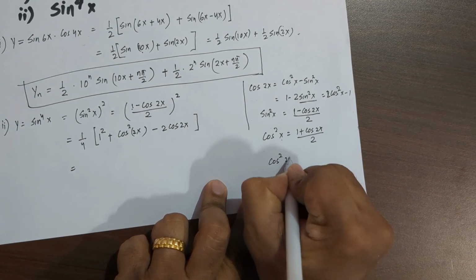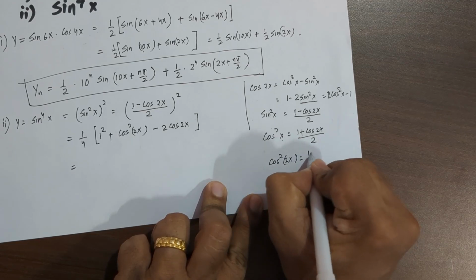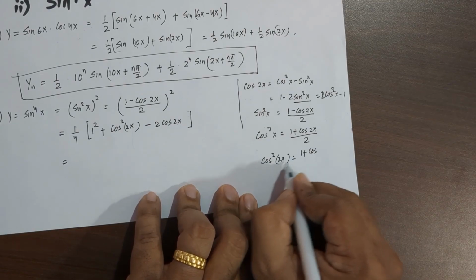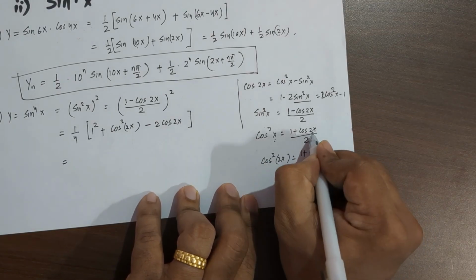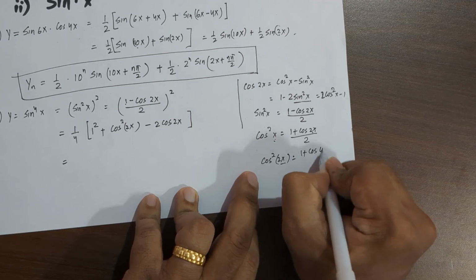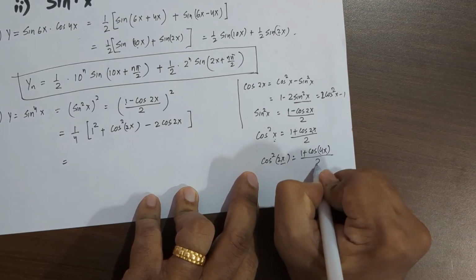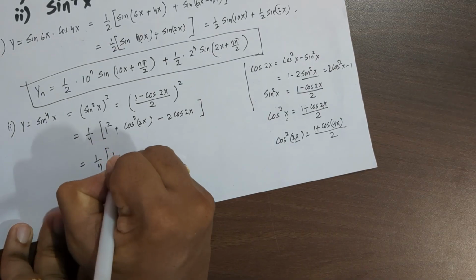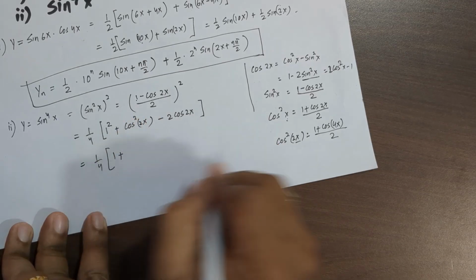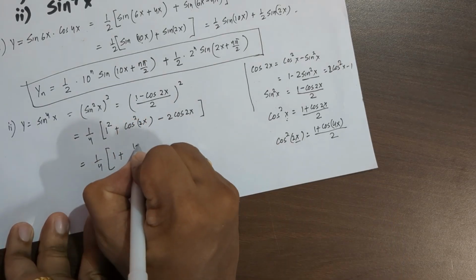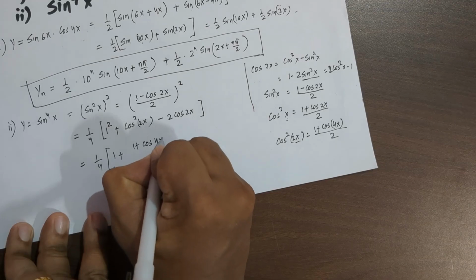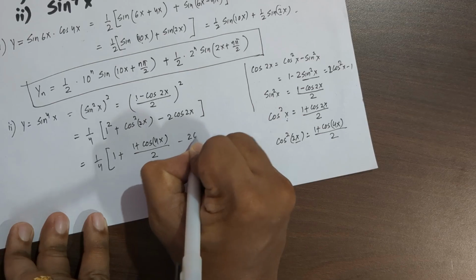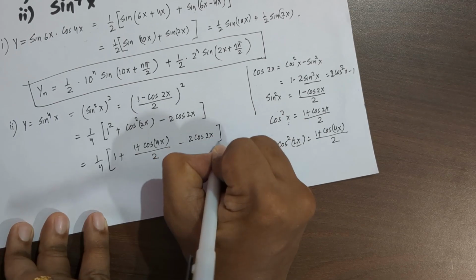So cos square 2x is 1 plus cos of 2 times this variable. For x we have 2x, so for 2x we will have cos of 4x over 2. So this is 1 over 4, 1 plus, in place of cos square 2x, we will write 1 plus cos 4x over 2 minus 2 cos 2x.